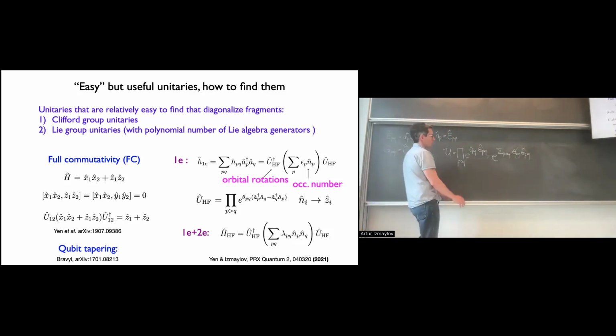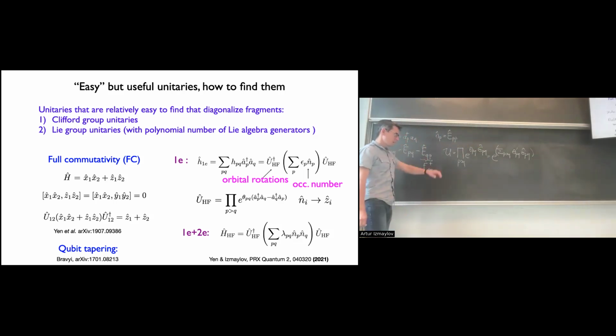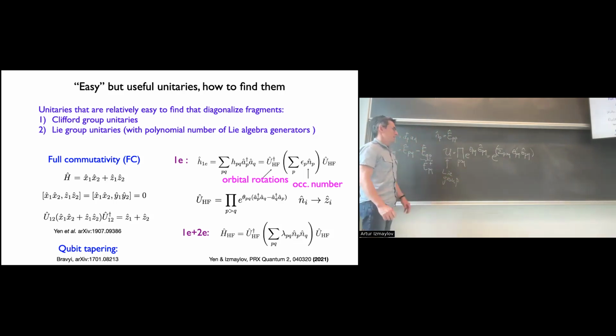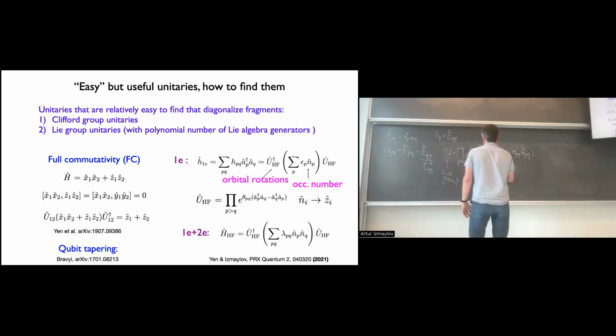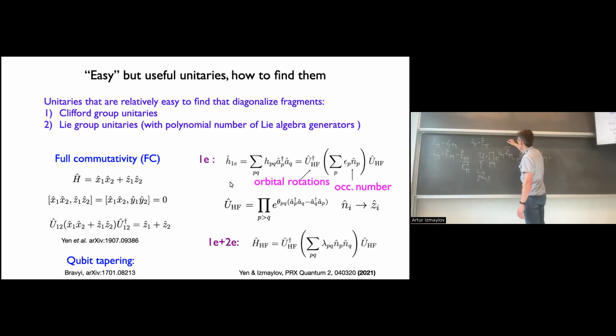Either in the product form or in the form where this whole sum is put in an exponential function. So these are equivalent parameterizations of, as it turns out, a Lie group element. And this is the corresponding Lie algebra. These are generators of the Lie algebra.